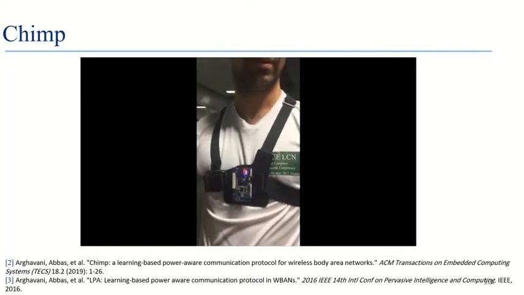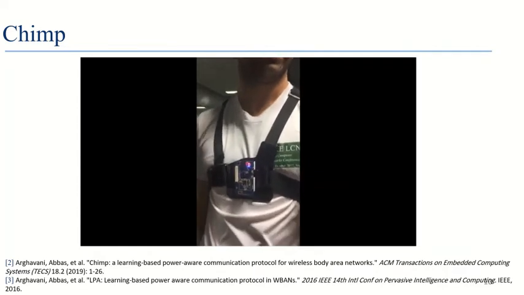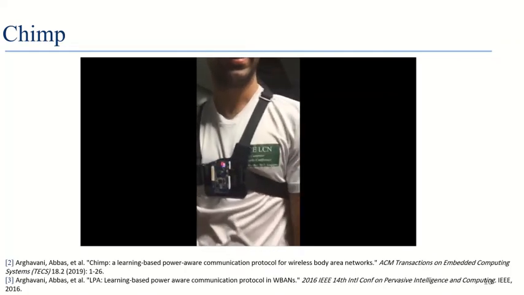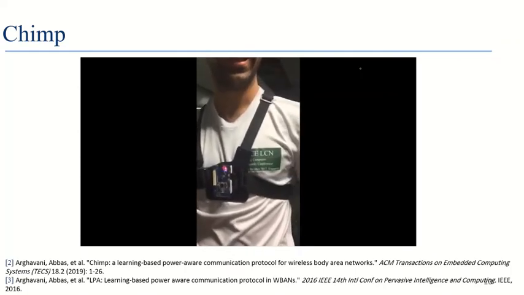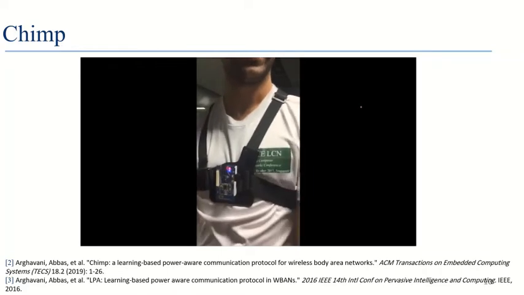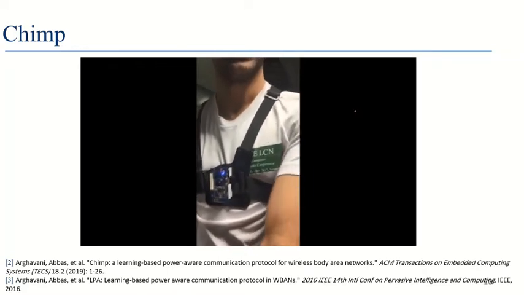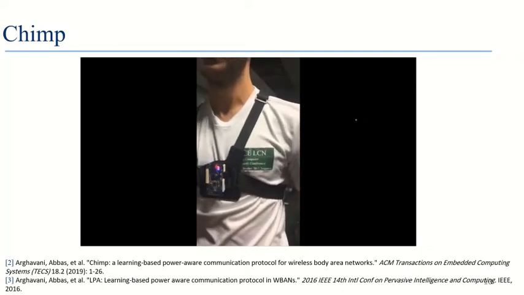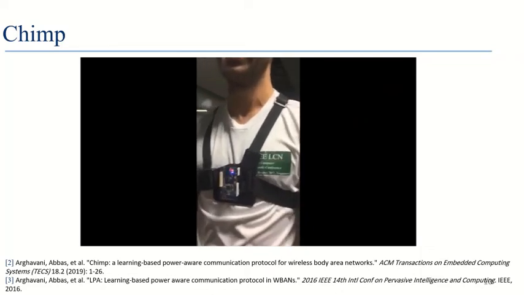Because of the learning nature of this algorithm, it sometimes takes a couple of seconds until the algorithm learns. But you see when I move my right hand to the back of the body, the red LED blinks, and when I move it in front of the body, then the blue LED starts blinking.